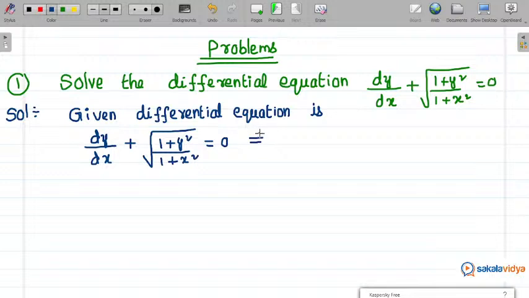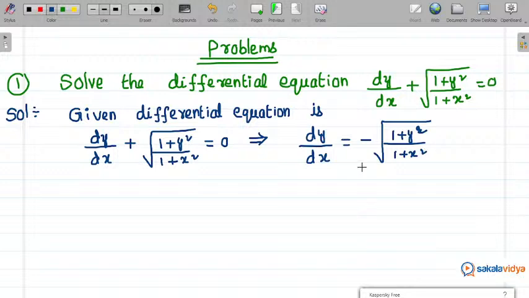Now transposing root of 1 plus y square by 1 plus x square to the right hand side, we get dy by dx equals minus root of 1 plus y square by 1 plus x square.